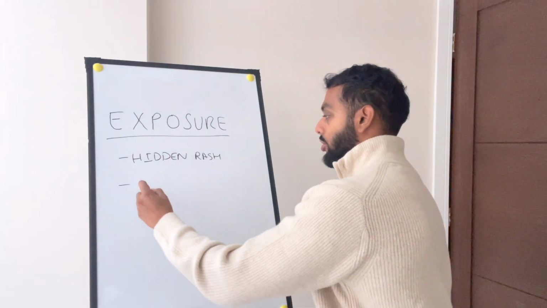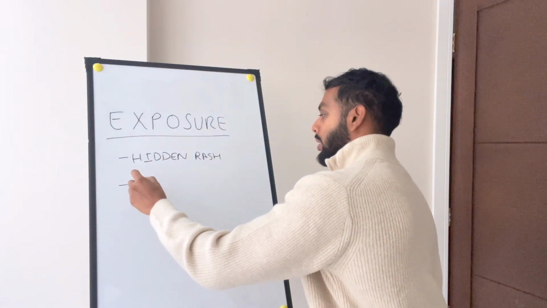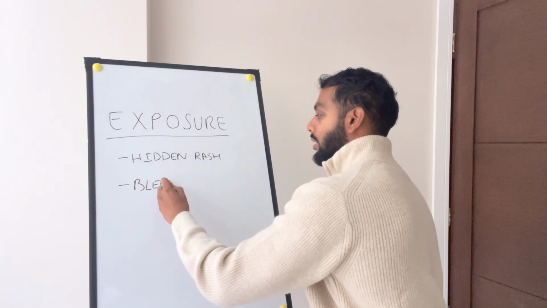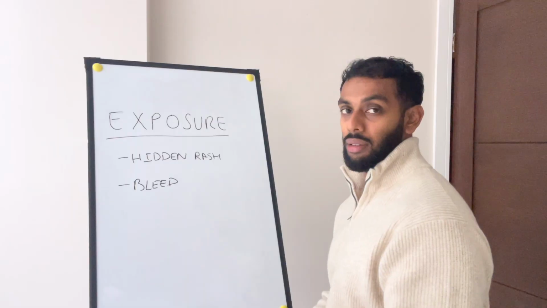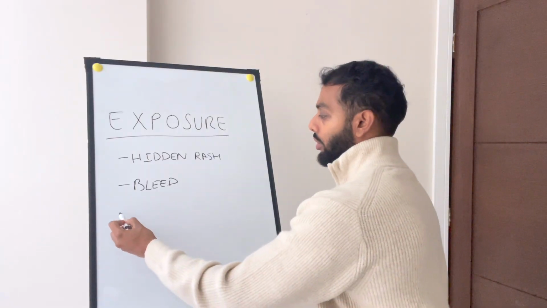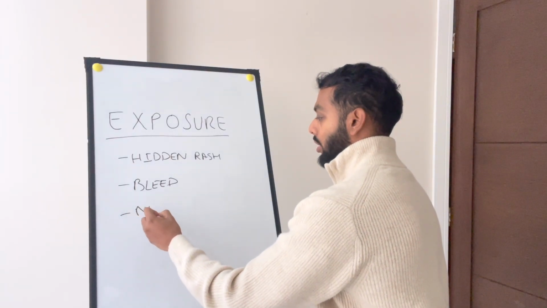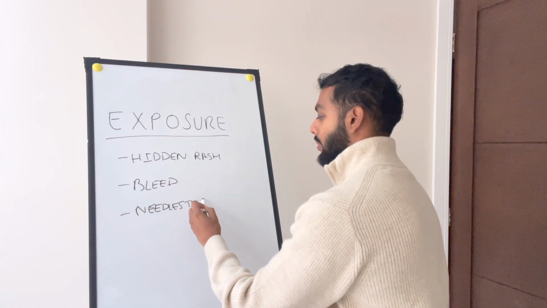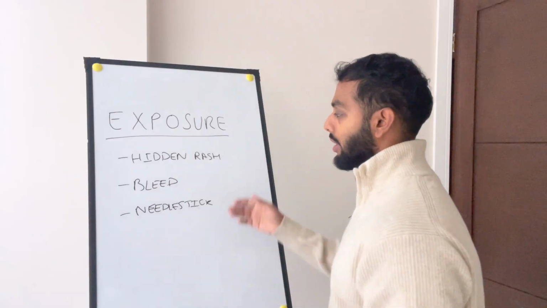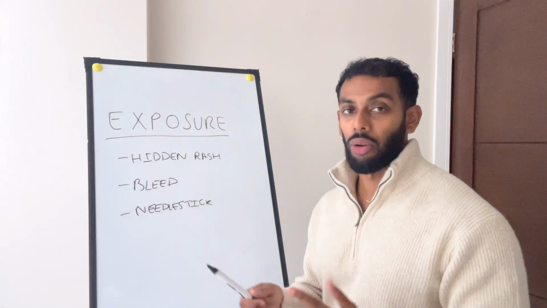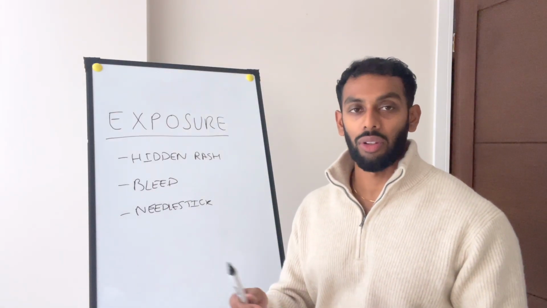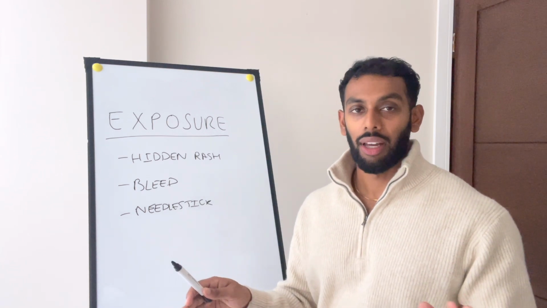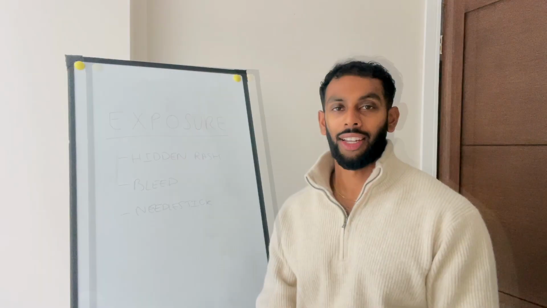So hidden rash, that's one of them. The other one could be a bleed, like a minor bleed that you've missed. Third one, needle stick mark. So these are examples of things that could go missed, and that's why we have to fully expose the patient and make sure that we've been fully thorough and haven't missed a single thing.